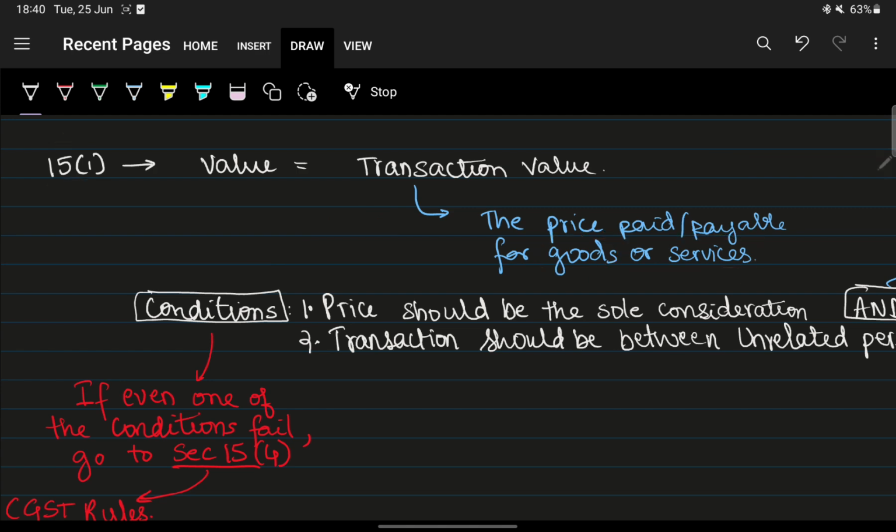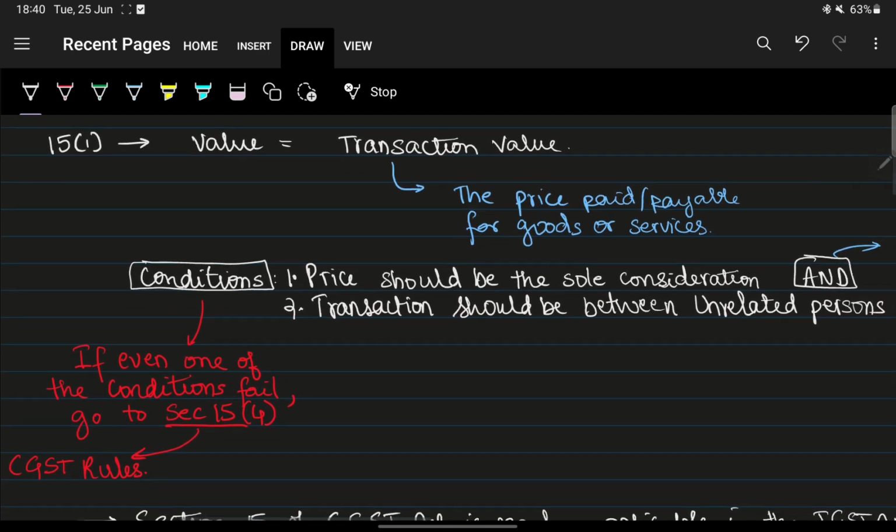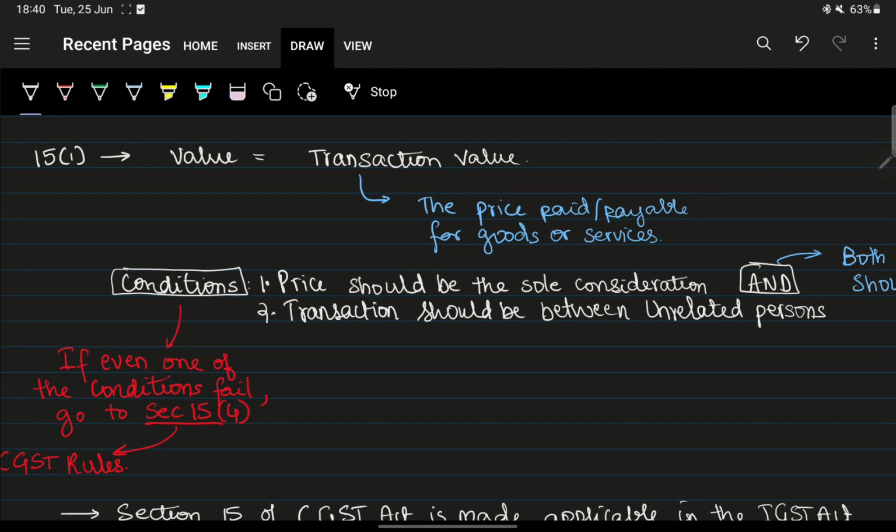Here we have to keep certain things in mind while checking whether it falls under 15.1 or not. To fall under 15 subsection 1, the price should be the sole consideration, meaning there should not be any payment in kind, barter or exchange.